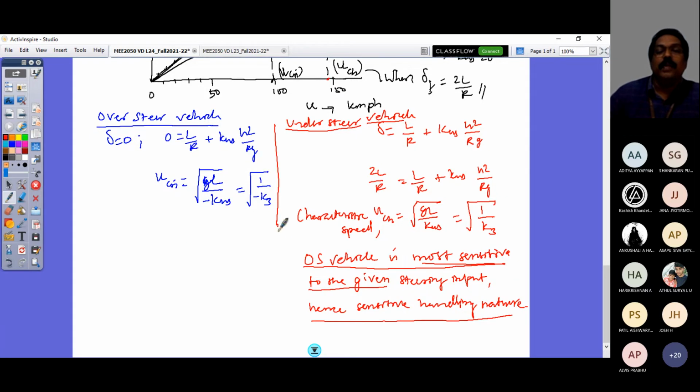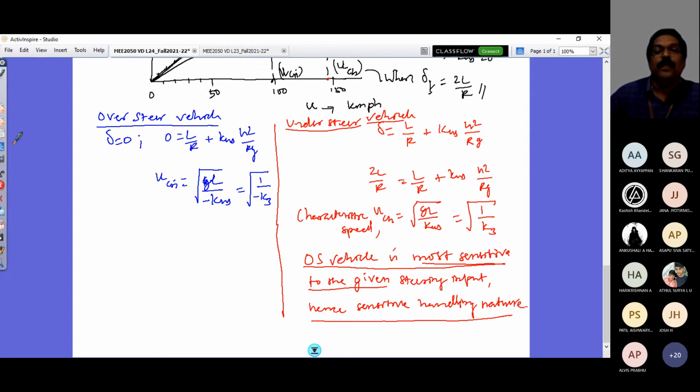Whereas on the other hand, when you say understeered vehicle, right, this is for an oversteered vehicle. On the other hand, for an understeered vehicle, you would use the word least responsiveness of the vehicle, right?